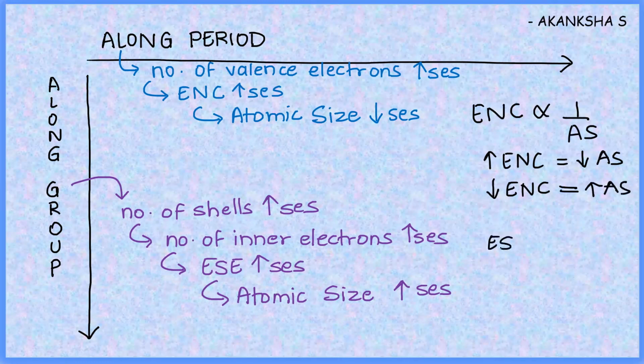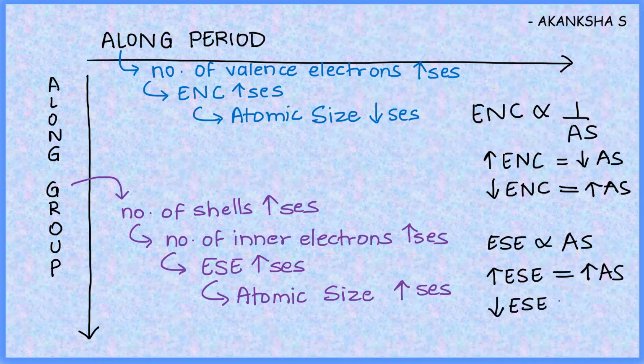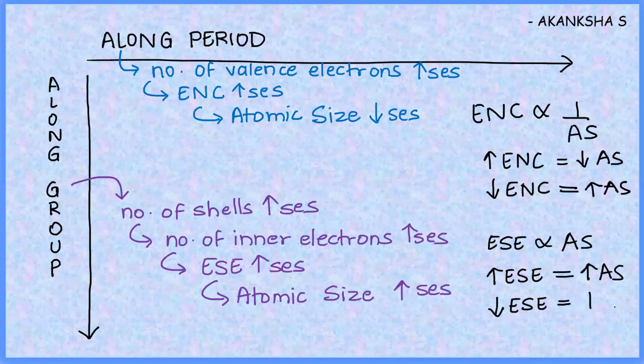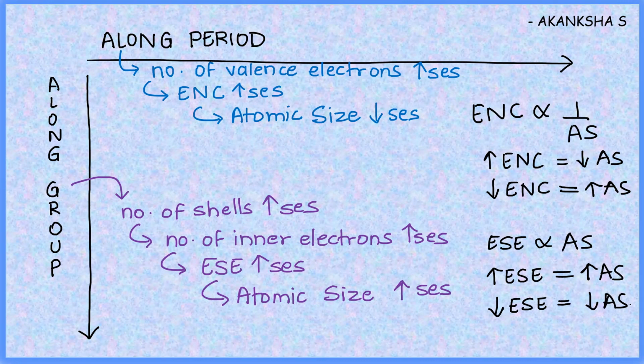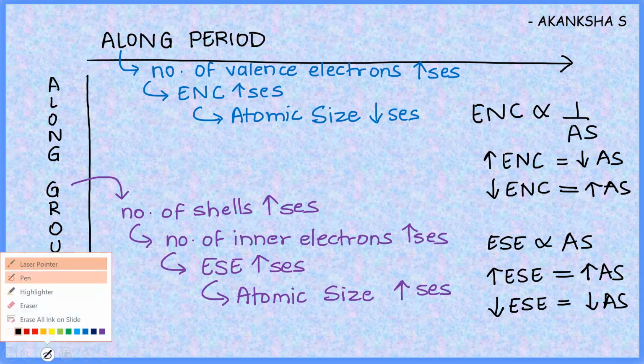ESE, on the other hand, is directly proportional to atomic size, meaning the more inner electrons present, the bigger the atomic size. Fewer inner electrons, fewer shells, smaller would be the atomic size. I hope with this you have understood what we are trying to get to in this particular topic.